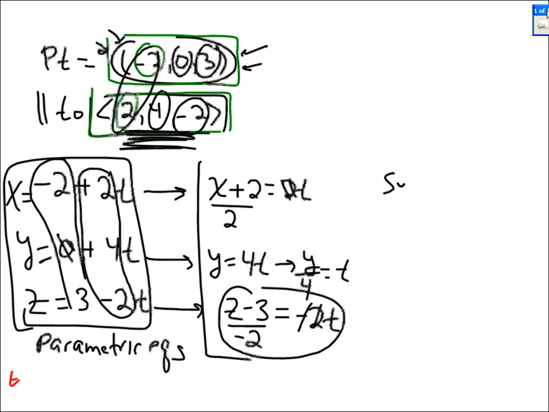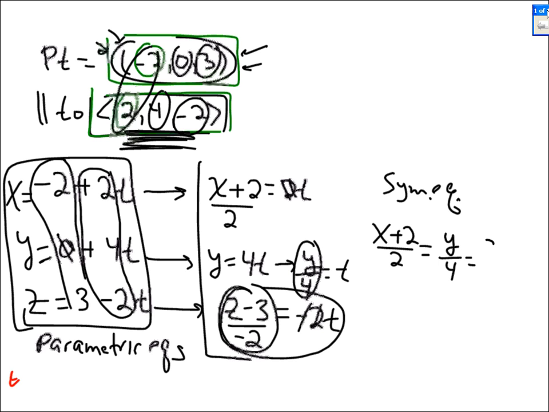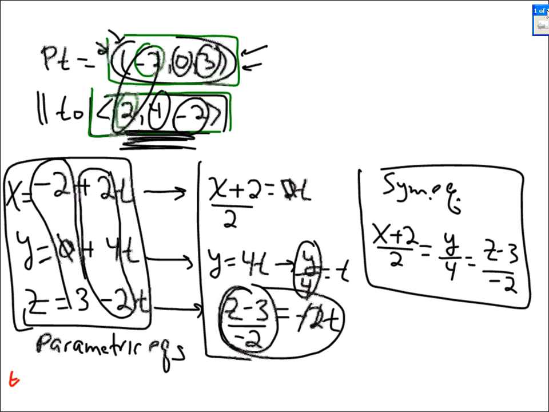the symmetric equations would be (x plus 2) over 2, that's t, equals y over 4, which is also t, which is equal to (z minus 3) divided by negative 2. There, that goes. And I also want you to find the direction numbers. The direction numbers are easy.